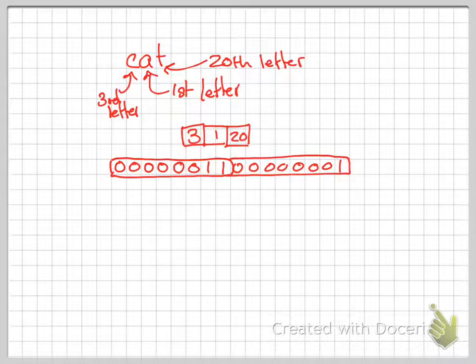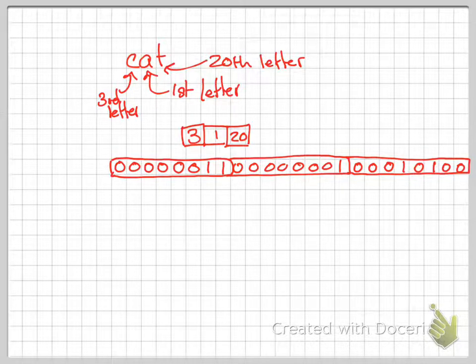And a 20 is going to be, let's see, 128, 64, 32, 16, 8, 4, 2, 1. There we go. That third byte represents the number 20, or the letter T. So cat in binary is 00000011 00000001 00010100. That's cat.